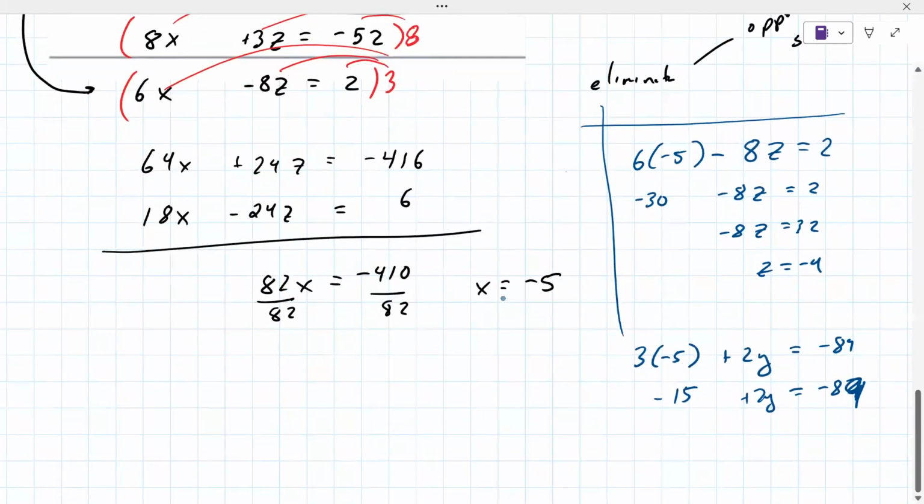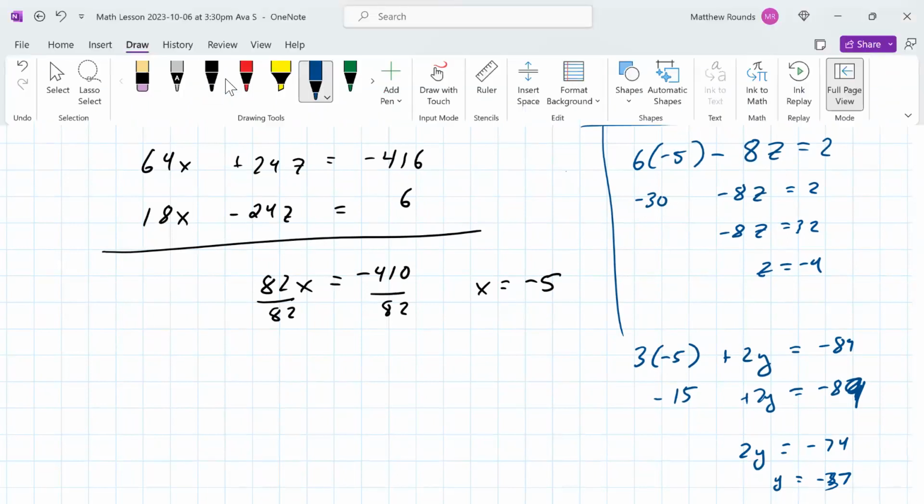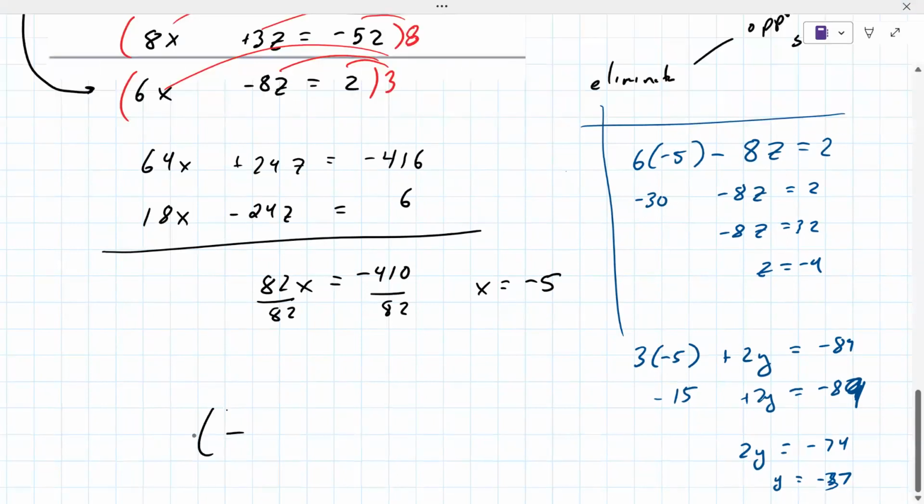Then you get 2y equals minus 74, y equals minus 37. So your final answer is minus 5, minus 37, minus 4. All right.